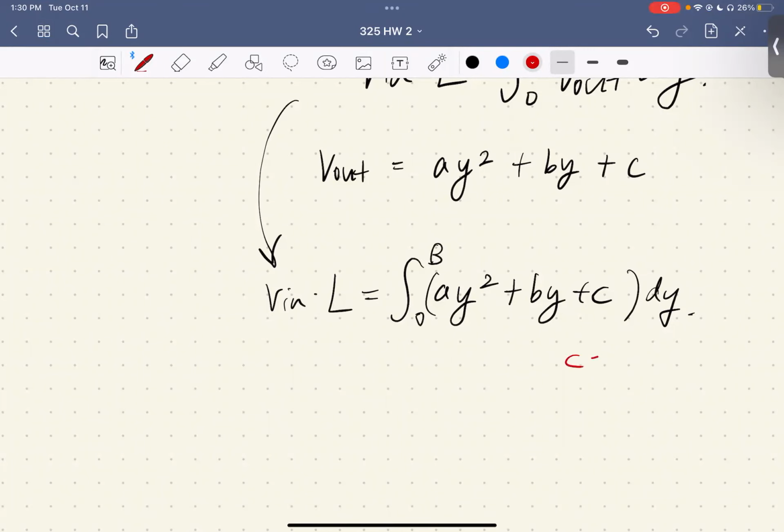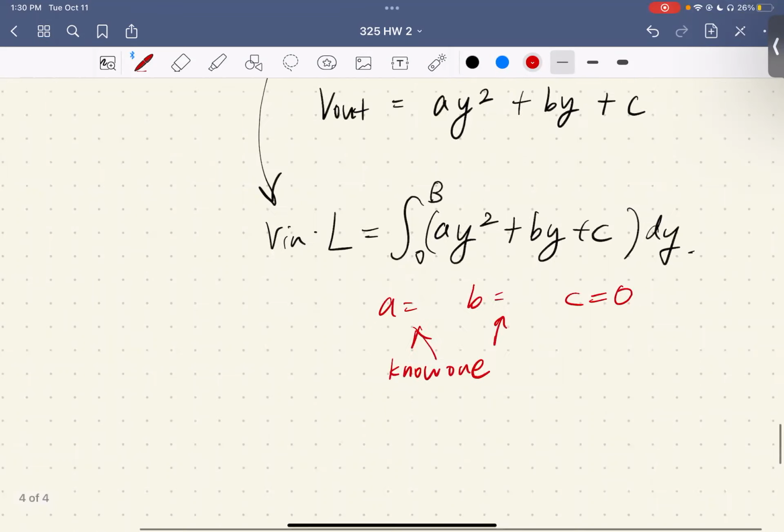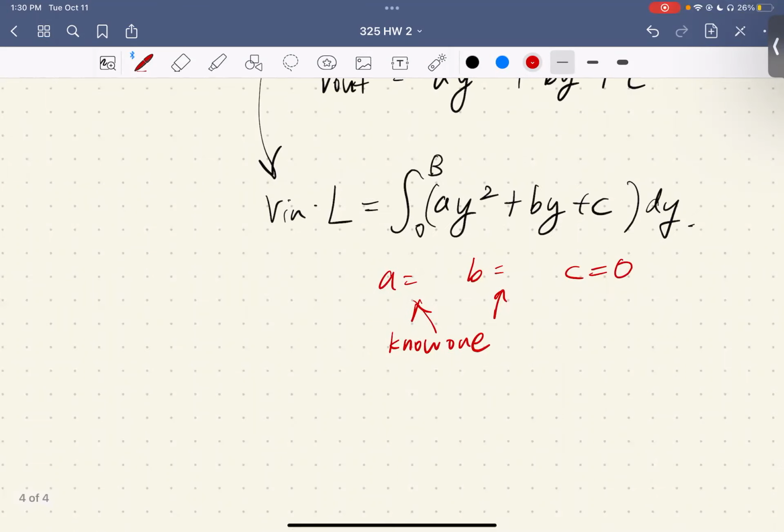You know c is equal to 0, right? Then you know a or b, you know one of these two. And it's going to be a relation. So you're going to have b equals something, something, coefficient a, right? Or a equals something, something, coefficient b. That way you're able to simplify and figure out the actual true relation of a and b.